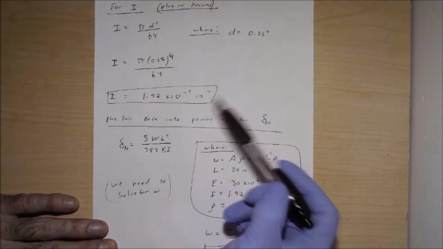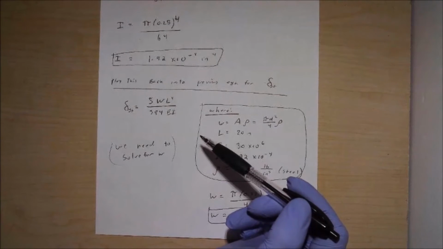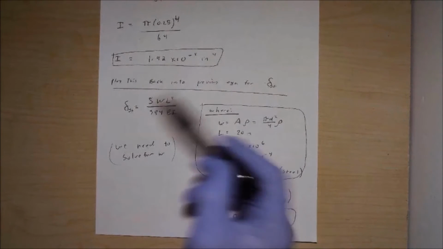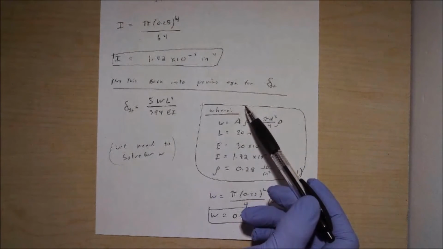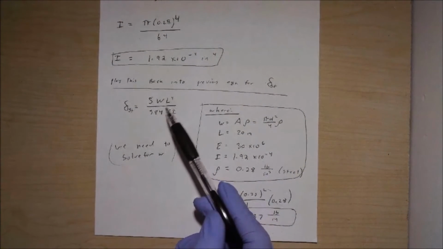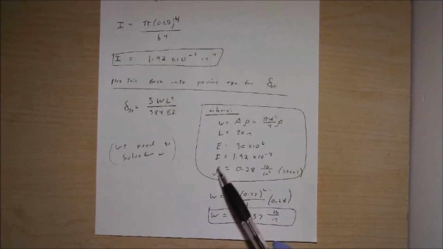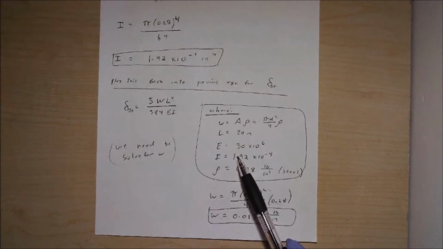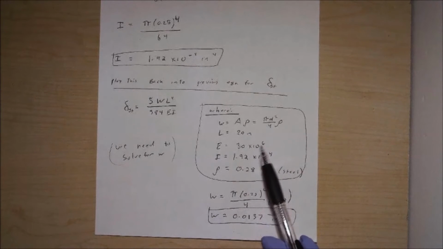correct. So with this information that we gather now from our moment of inertia and that equation from our appendix, we can go back to this relationship that we have here, plug in our values that we know. So what do we know? We have W, L, E, and I over here. So I now come over here to the right and write down the values for everything that I know. Well, the first thing we know is our L value here is 20 given the problem statement, in inches.